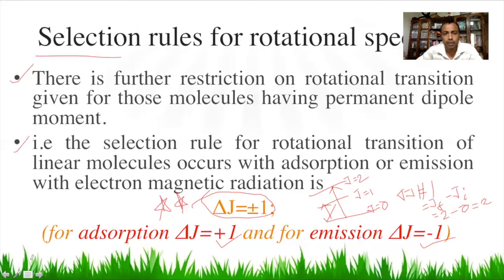You need that specifically, and through that you have to do the different numerical calculations also. Thirdly, you need the selection rule for rotational spectra, and in that, the two most important points are that the molecule must have a permanent dipole, and that the rotational transition del J will be either plus 1 or minus 1.